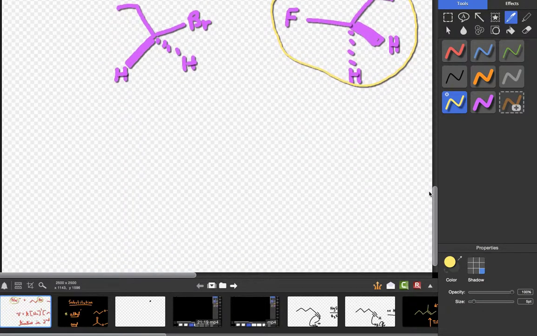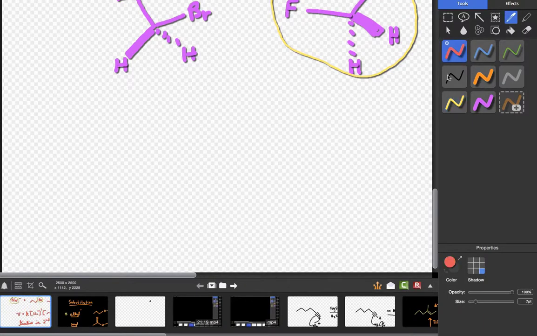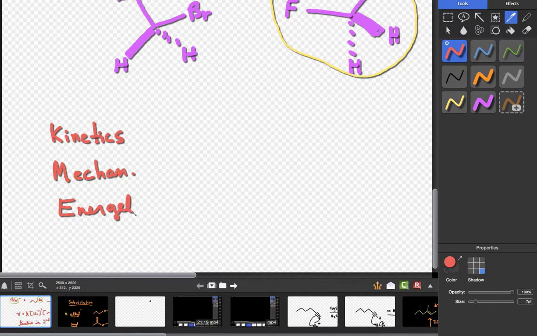So there's several ways of looking at SN2 reactions. We can look at the kinetics. We can look at the mechanism. We can look at the energetics. We can look at stereochem. We can look at solvent effects.